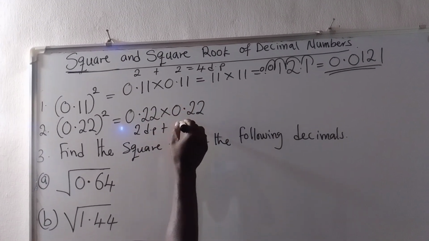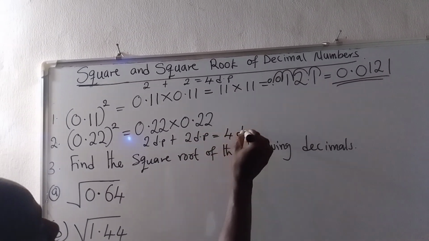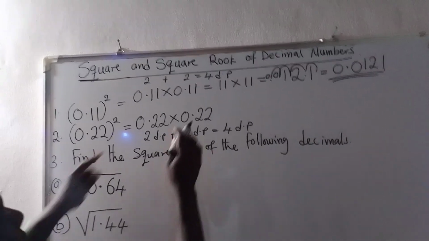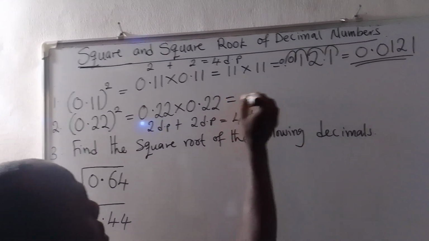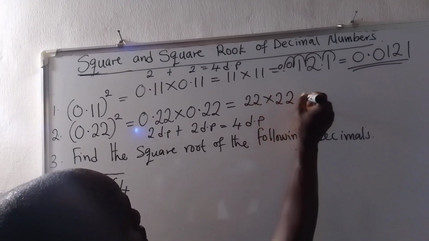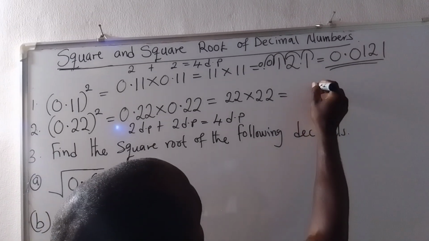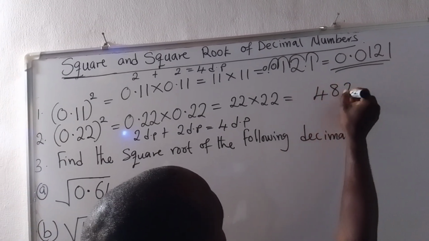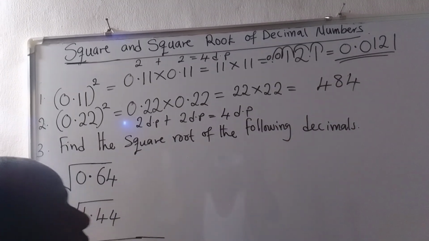Both numbers have 2 decimal places, 2 plus 2 equals 4 decimal places. So we can now confidently remove the points and multiply, which means 22 multiplied by 22. If you multiply 22 by 22, it will give us 484.